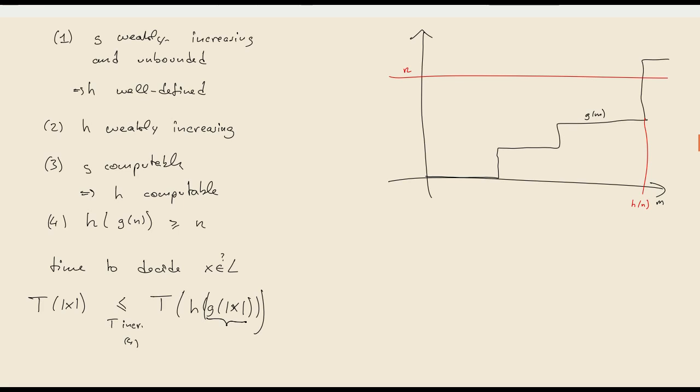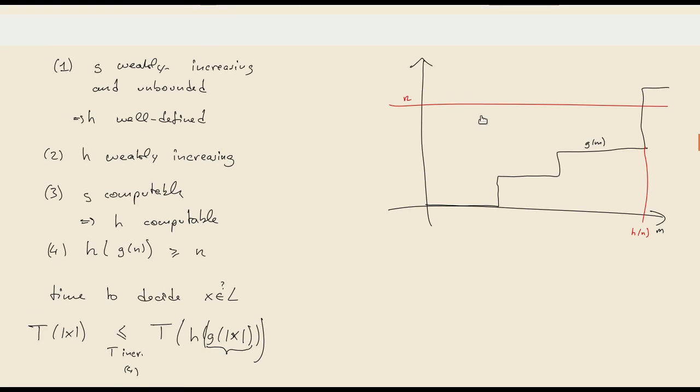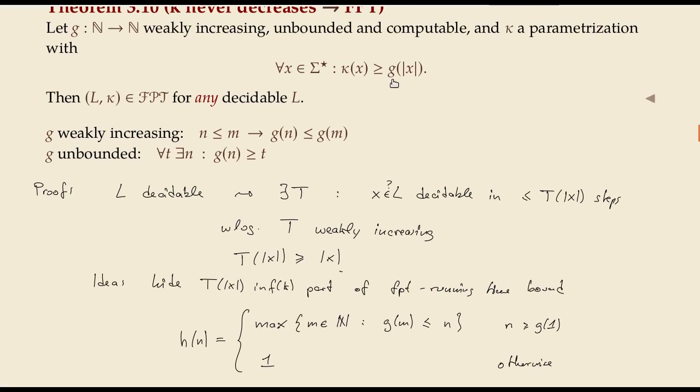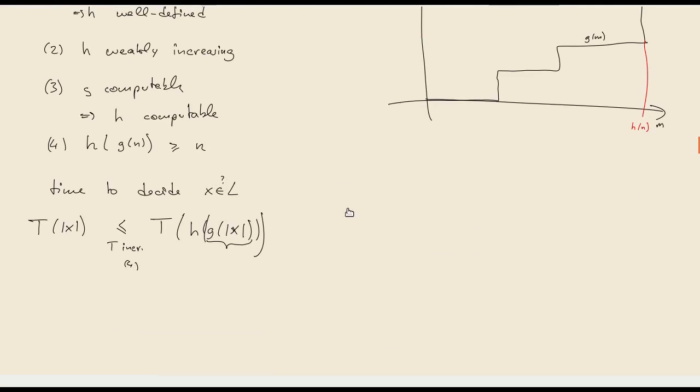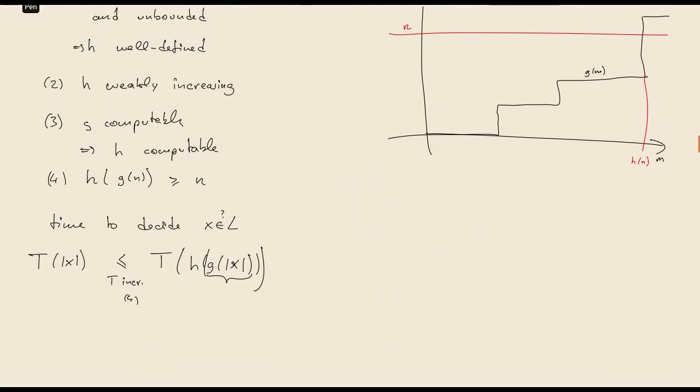Now, g of the length of x, that's exactly what we had here. So this is smaller than kappa of x, the parameter. And since h and g are increasing, this means it's t of h of k, where we set k to the parameter of the instance.